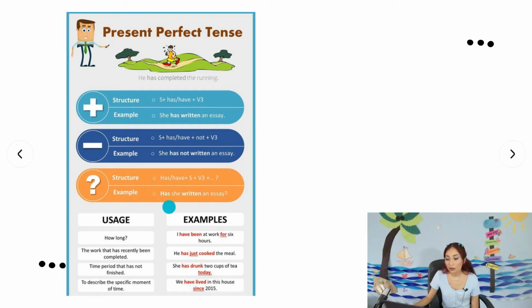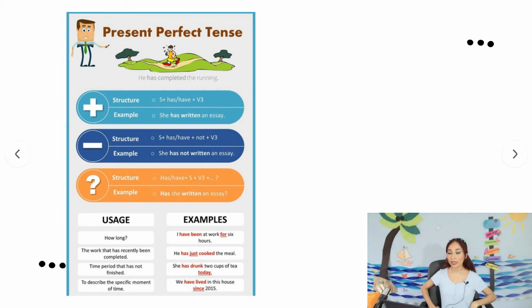The auxiliary verb is has or have, next the subject, and the last thing is the verb in past participle. Has she written an essay? Or, have you written an essay? And that's it. I hope you don't have more questions about this.